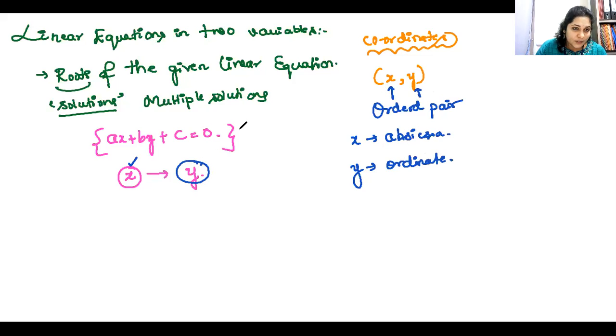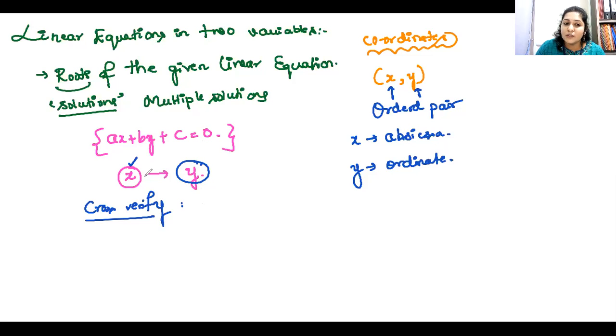Okay, so this is the first thing which you have to understand. The second thing you have to understand is we have to substitute back the values of x and y and cross verify. So how exactly do we do this? When you find out the values of x and y and substitute them back in the equation, the equation is satisfied.